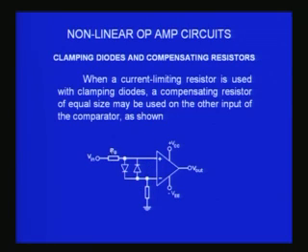If I keep these two resistors the same, then the voltage generated here and the voltage generated here will be almost equal, even though it is very, very small, because we are now talking of very small voltages between the two input terminals. And the two diodes will make sure that the voltage between the two terminals will never exceed 0.7 volts plus or minus. This is another scheme to take care of the input bias currents, and the two diodes are there for taking care of overloading the input terminals.